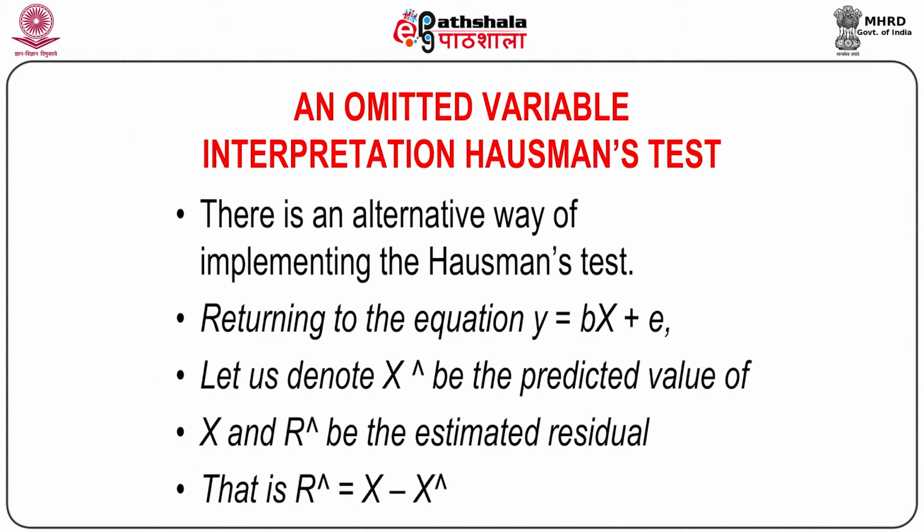Now, there is an omitted variable interpretation of the Hausman test. There is an alternative way of implementing the Hausman test, returning to the equation y equals beta x plus e. Let us denote x hat as the predicted value of x and r hat as the estimated residual, that is, r hat equals x minus x hat.